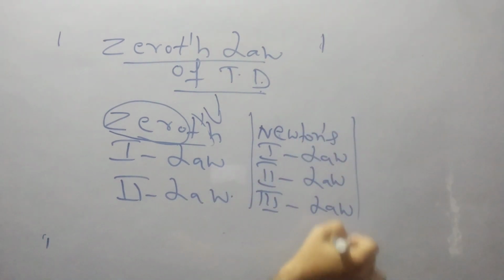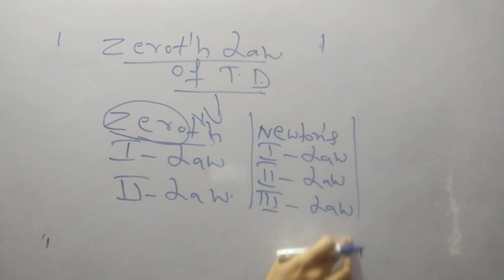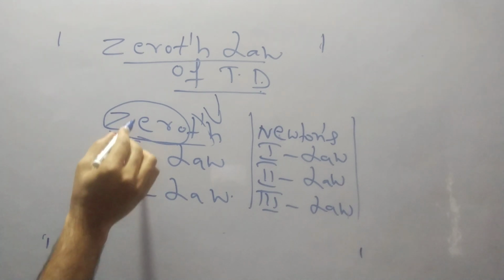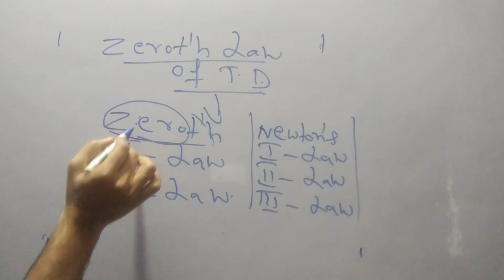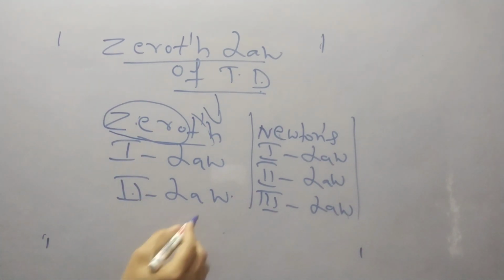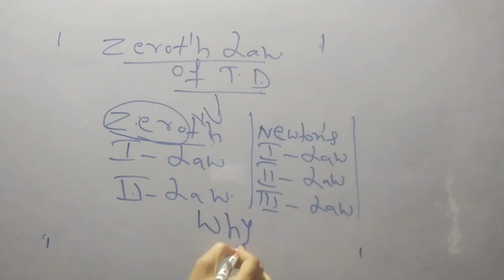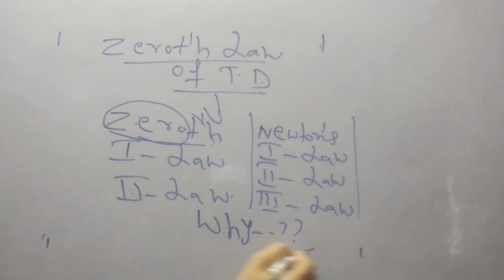So these are the laws in kinematics. Here in thermodynamics, instead of first, second and third, why is it 0, 1 and 2? Why? Okay. I will discuss this.